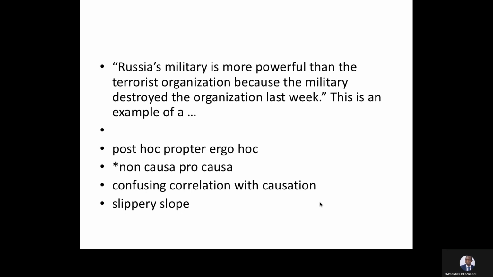So this sentence is committing the fallacy of non causa pro causa. It is not because Russia destroyed a terrorist organization that it is more powerful than that organization. It is because Russia is more powerful than the terrorist organization that Russia destroyed the terrorist organization.